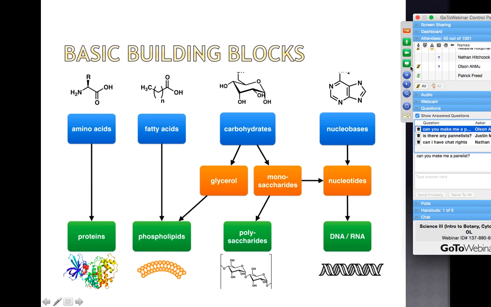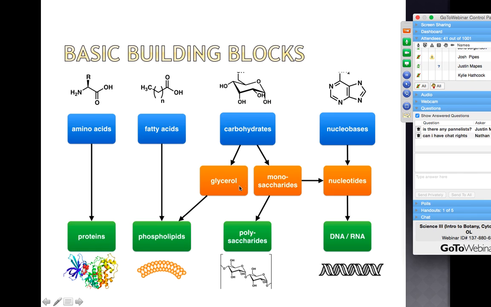All right, excellent. I am muted, Olson, and let me see, Justin also. So amino acids create proteins. Fatty acids create phospholipids when they are together with a glycerol. Many times, like in the case of the cell membranes, we said that the tails repel water, but the heads attract water.